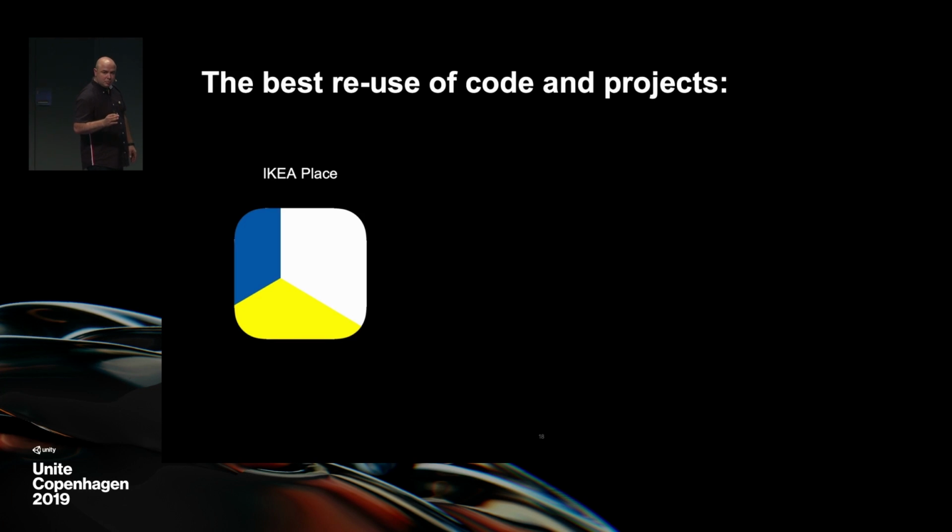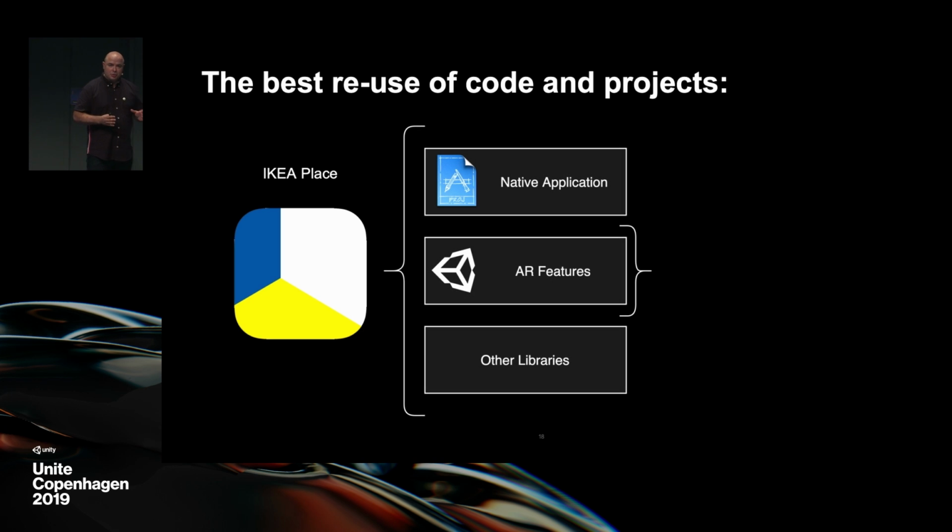Before IKEAPlace 4.0, that was released this Monday, using Unity as a library, we had IKEAPlace as a Unity project deployed directly to the Apple Store. Then, IKEA wanted to encapsulate the augmented reality feature and deploy this to other franchises. Now it's possible because the project organization makes this feasible.